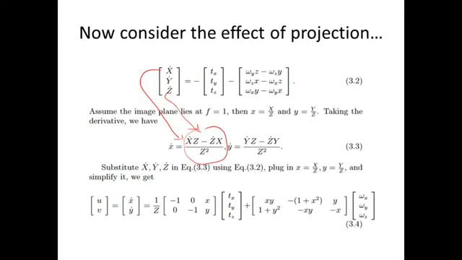And then I can simplify a little bit using the fact that little x is X upon Z and little y is Y over Z. So I'm not going to go through the algebra for you here, but you should sit down and verify it, and you should be able to work out this equation. So please verify this. It's just calculation, but it's worth doing.